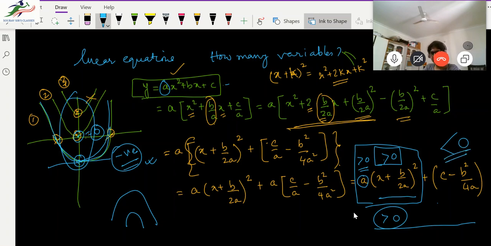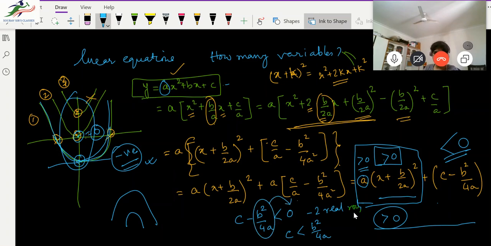So c minus b square by 4a has to be less than 0 for this to have two real roots, right? Or c is less than b square by 4a. I just bring this term on the other side.